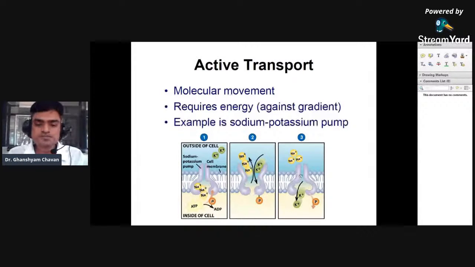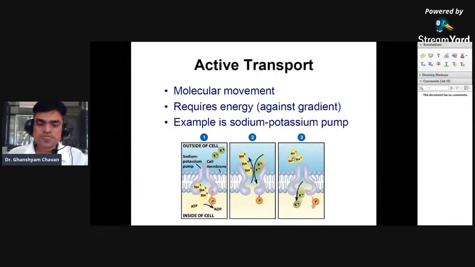And in the third figure you can see there is a complete exchange of these electrolytes. So three molecules of sodium have been exchanged with two molecules of potassium. In this fashion, this sodium potassium pump always works in your heart, always works in your blood, so there is a continuous exchange.